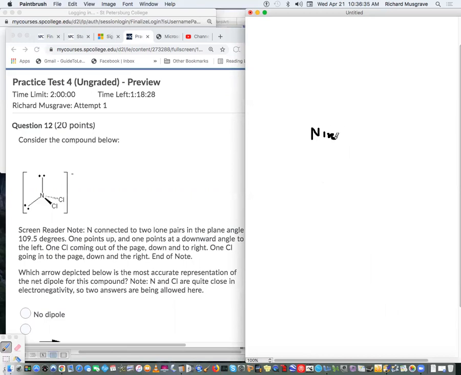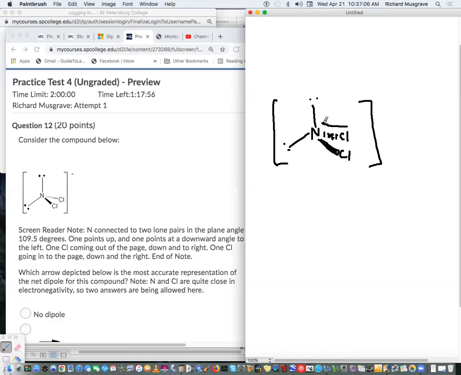So the dipoles run along the bonds from the less electronegative to the most electronegative.